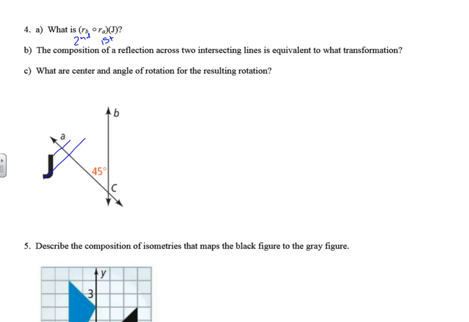So this is going to come out and be like here, and it's going to kind of something like that. And then it's going to reflect over this line here.